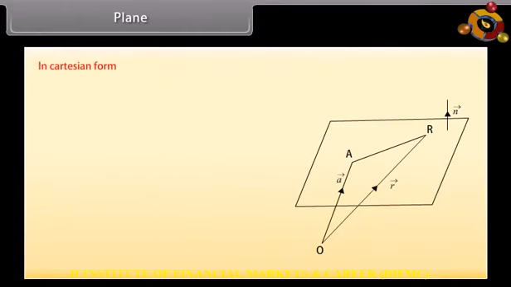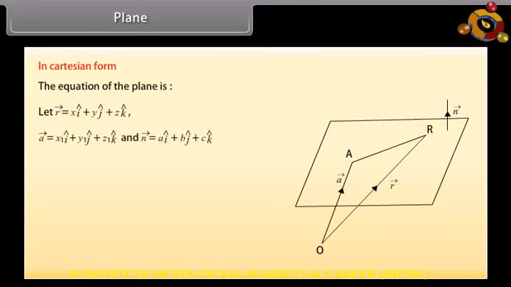In Cartesian form, the equation of the plane is, let vector r equals x i cap plus y j cap plus z k cap. Vector A equals x1 i cap plus y1 j cap plus z1 k cap. Vector n equals a i cap plus b j cap plus c k cap.